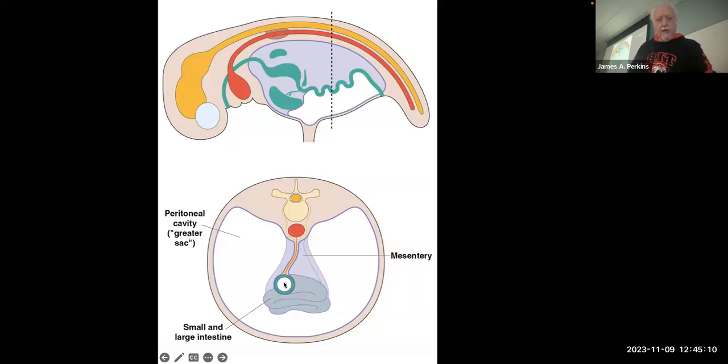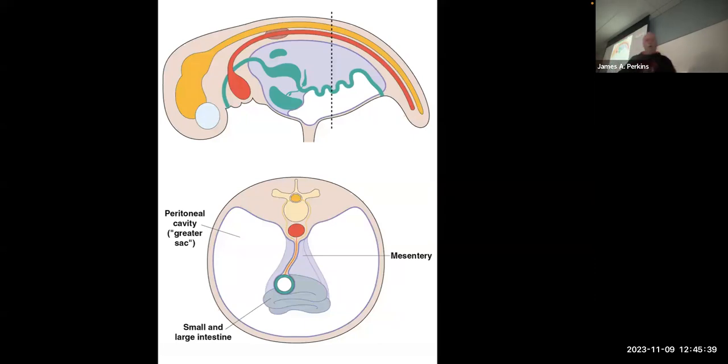But as the intestine itself continues to fold back on itself, kind of zigzagging back and forth, that mesentery becomes very folded as well, almost like an accordion, folded up. So even in the adult, that posterior mesentery is still there, anchoring the intestines to the posterior abdominal wall.